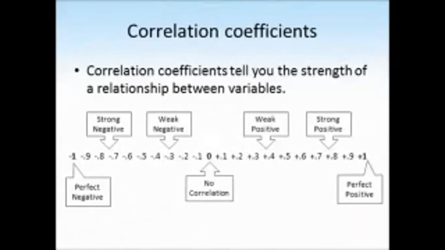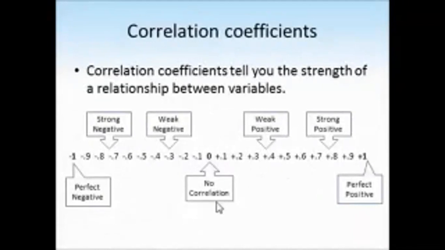You also need to know about what's called a correlation coefficient, and this is the result of a statistical test which will tell you the strength of a relationship between two variables. So whether there's a very strong relationship or a very weak relationship or no relationship at all. So the coefficients are on a scale. So the scale goes from -1 through to 0 and through to +1.